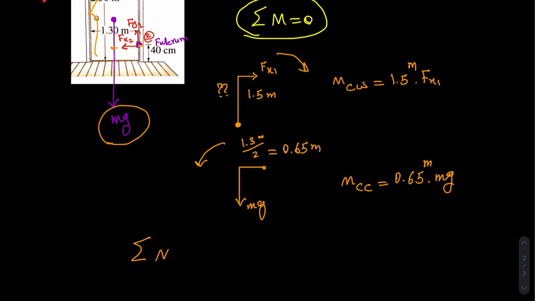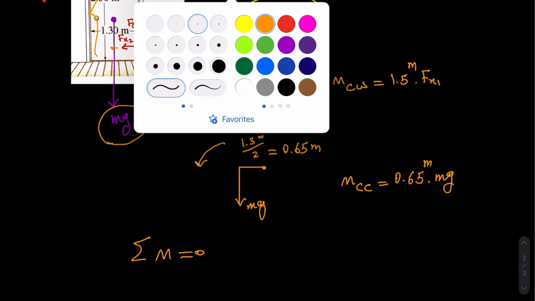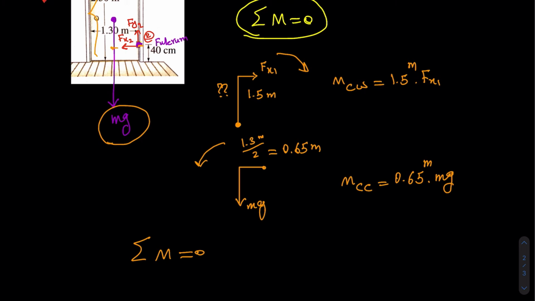Now the sum of these turning effects must be equal to 0, so sigma m is equal to 0, the second condition of equilibrium. We replace them with numbers, taking counterclockwise positive and clockwise negative. So 0.65 mg plus 1.5 meters fx1, which is negative, must be equal to 0.